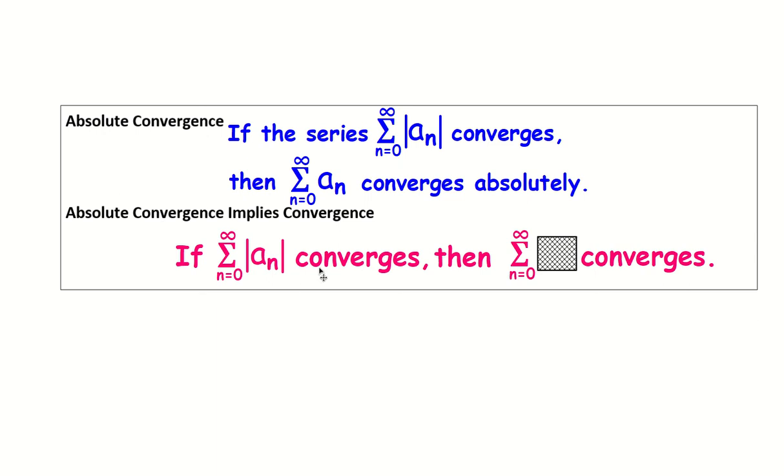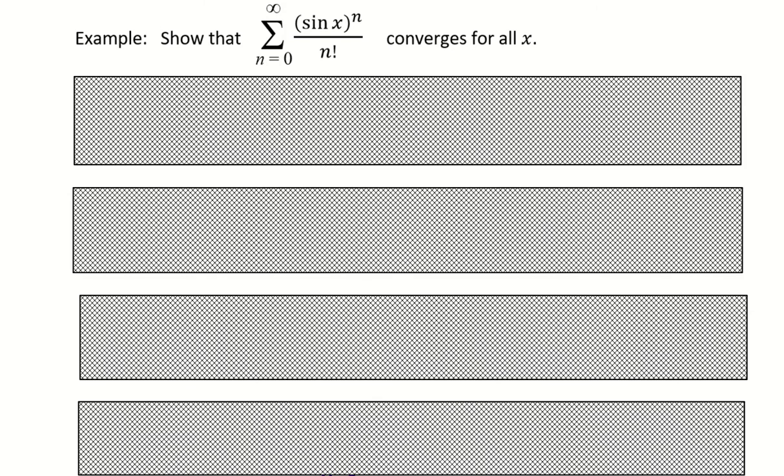And if this converges, then so does the series in which you would not take the absolute value of all the terms. It would also converge. Just kind of a fact, just kind of a definition for now. Pause and write that down, but here we go.